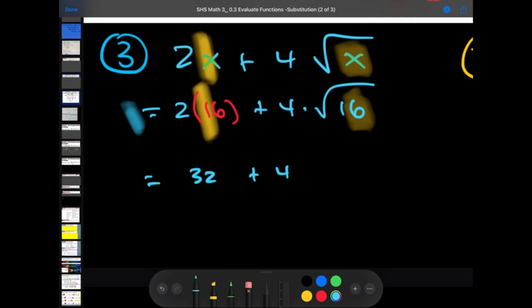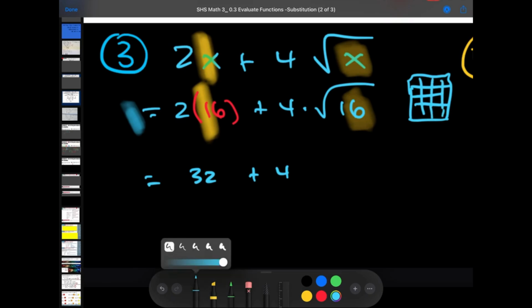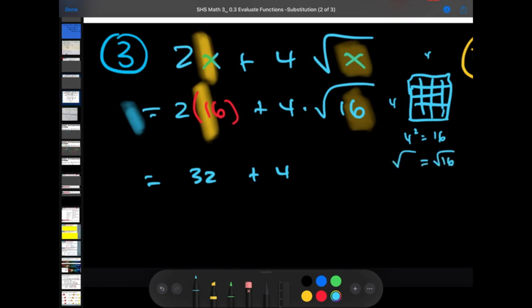The square root of 16 is 4. You can put that in your calculator. There's 16 boxes. Can I fit it in here? Does that make sense? And then there's 4 this way and there's 4 this way. So this is 4 squared equals 16. Or, pay attention, the square root of 16 is 4.